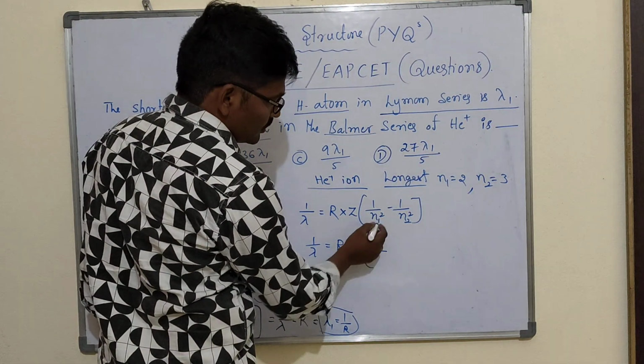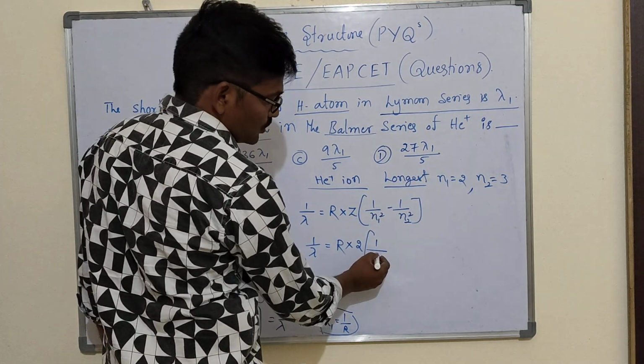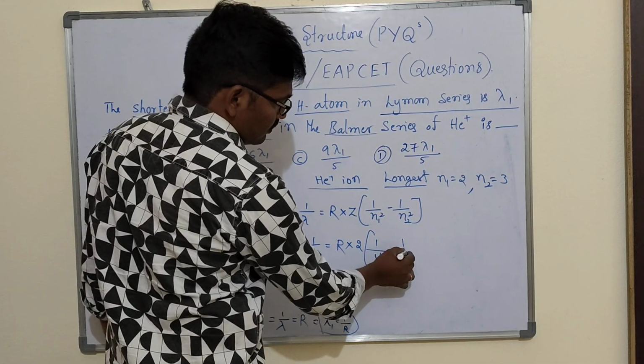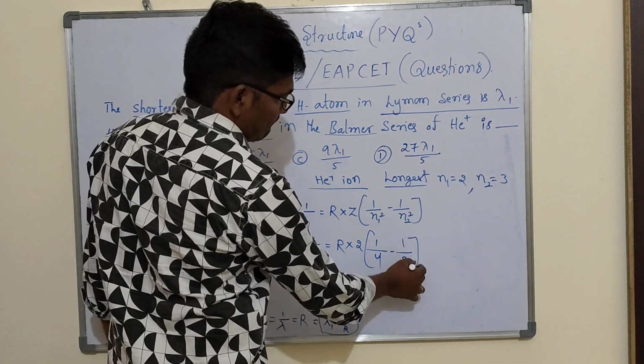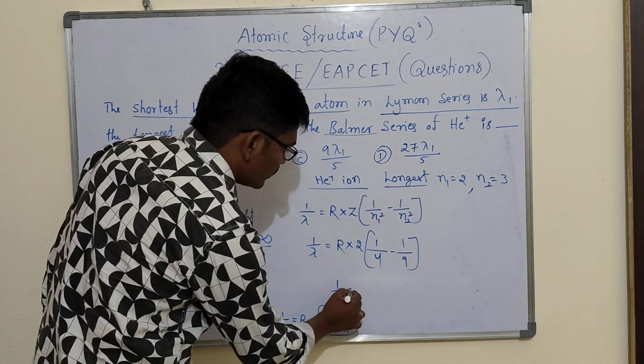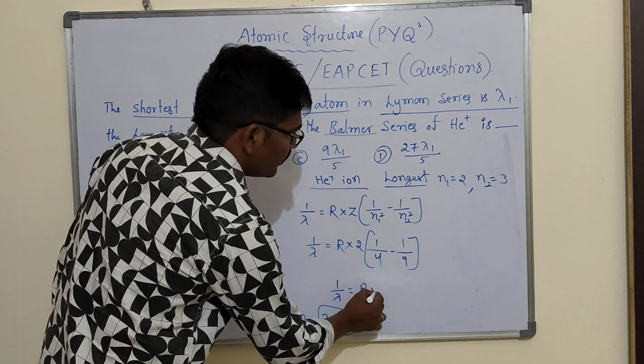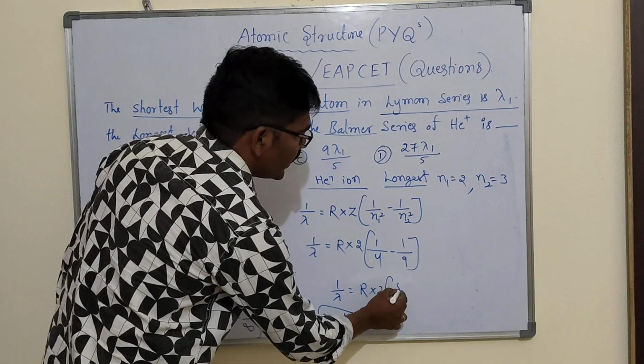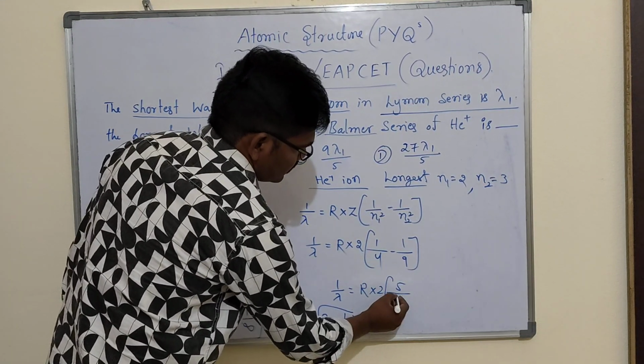Then 1 by n1 square, n1 is 2, 2 square means 4. Then 1 by 3 square, 9. Then next you can get 1 by lambda equals R into 2, then 5 divided by 36.